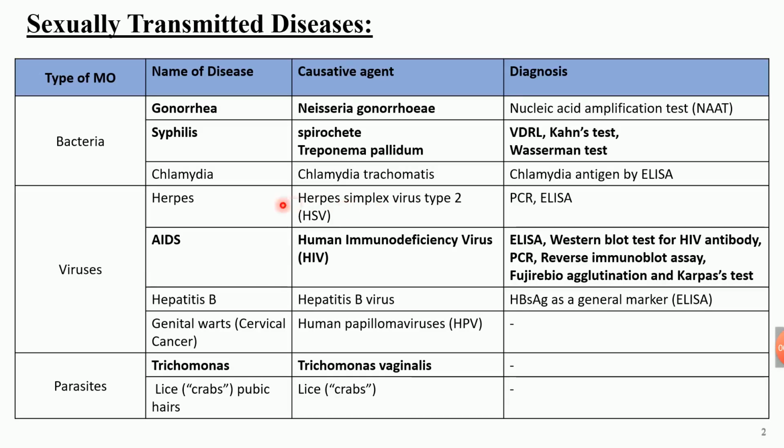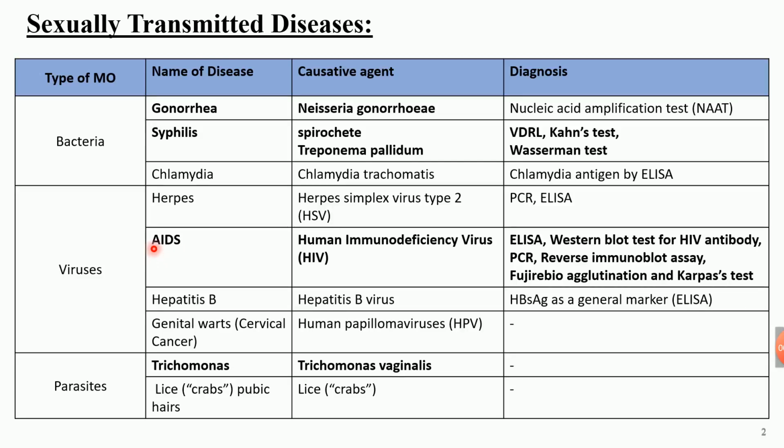Type 2 is the most common causative agent for herpes disease, which is transmitted on sexual contact. Diagnostic tests are PCR and ELISA. PCR stands for polymerase chain reaction, and PCR and ELISA are used for diagnosis of herpes disease.